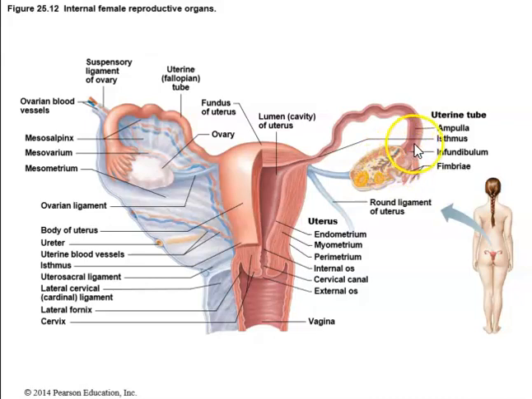Here we have that dilated portion of the fallopian tube called the ampulla, where the majority of fertilization takes place, and then it will further travel down the fallopian tube where it hits the uterus, and if the egg has been fertilized, it can implant within the lining of the uterus.